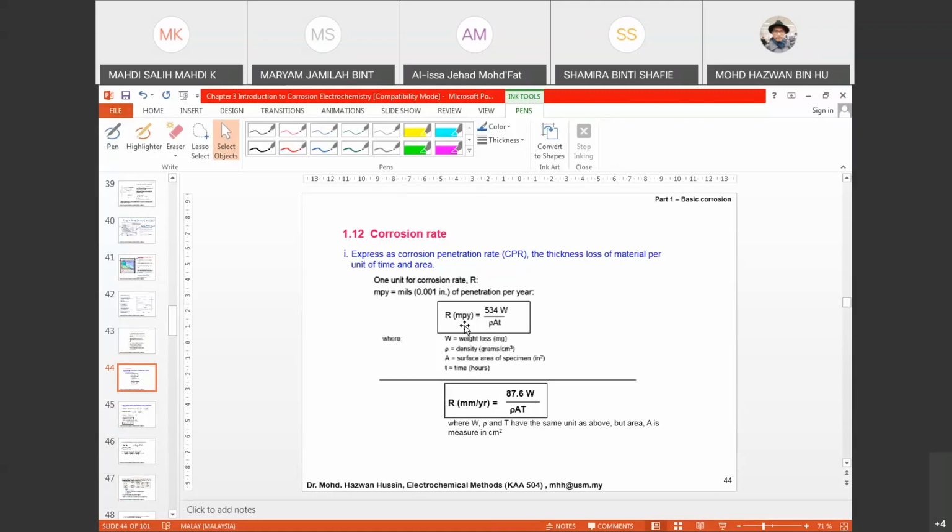So there are different sets of formulas used to calculate the corrosion rate. For example, this one, you see there are two formulas showing here. For this kind of equation or formula, it is used when you use the weight loss method.